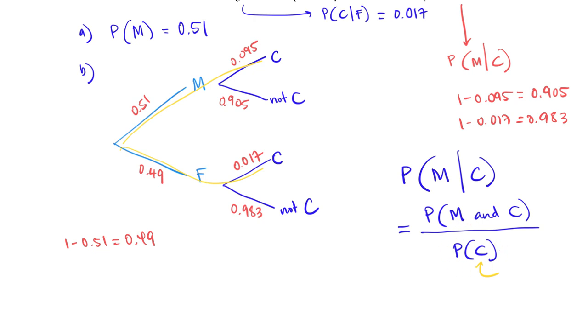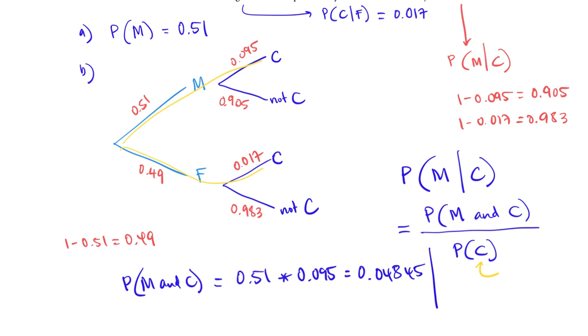In the numerator, we simply follow the branches that connect M and C, and that is the first branch. And so the probability of M and C equals 0.51 times 0.095, and this is 0.04845.